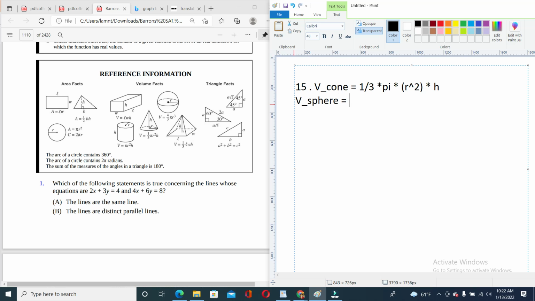Alright, and V of sphere is going to be 4/3 times pi times the radius of the sphere cubed, right? So the radius of the sphere is going to be big R, and the radius of the cone is going to be small r.